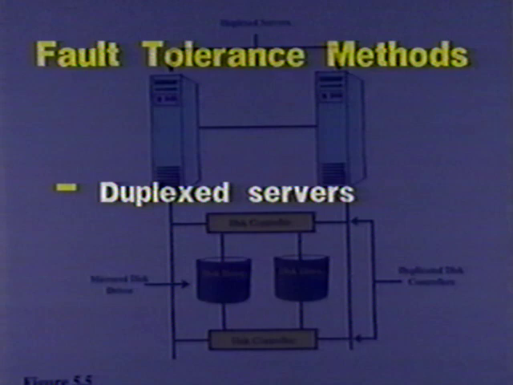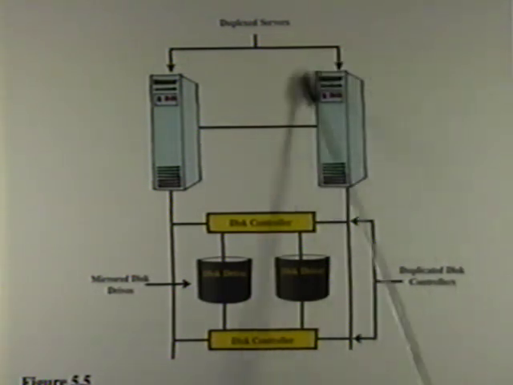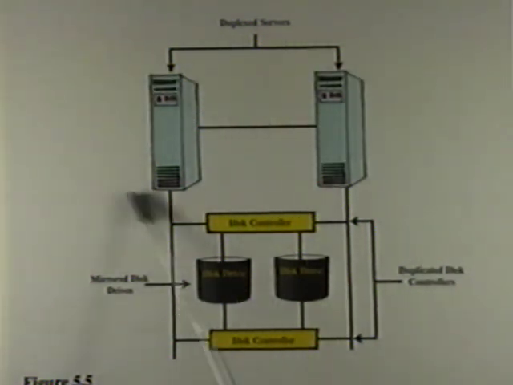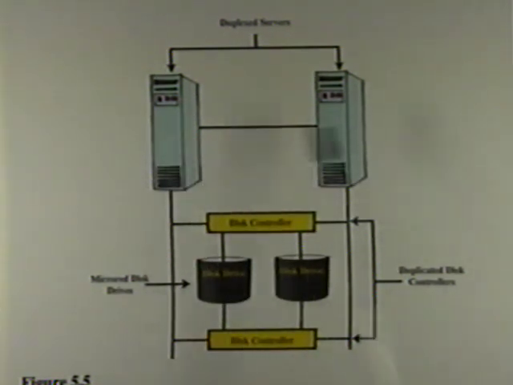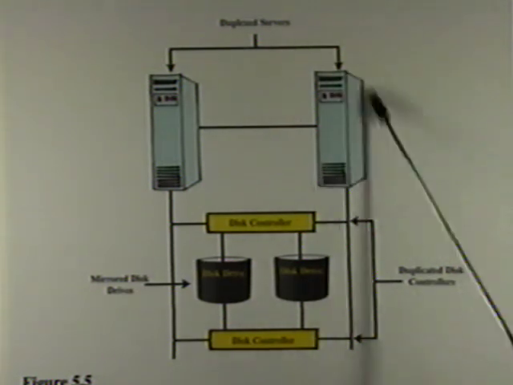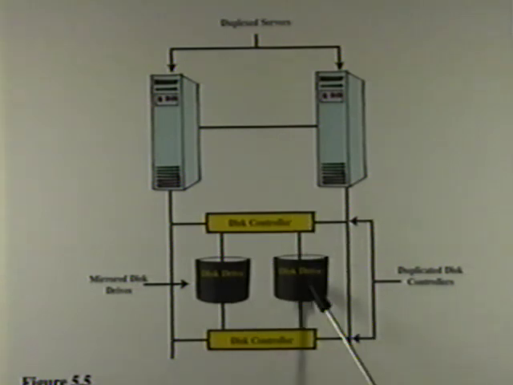if we go to the overhead, what we see here is we have one server on the right and we have another server on the left. And we have mirrored disks attached to both of the servers. So we have one server that is sending data to the disk controller and writing to both.